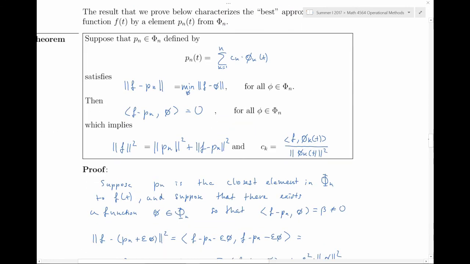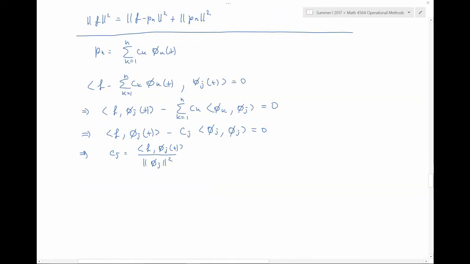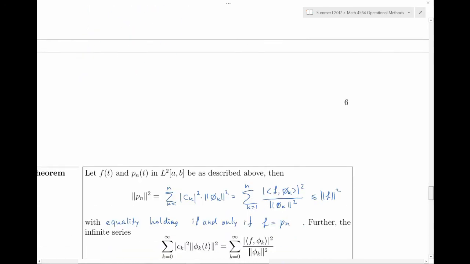And I proved the theorem that the best approximation is given to us by the orthogonal projection. The coefficients for the orthogonal projection are computed by a familiar formula that you may have seen in your linear algebra class when you talked about spaces Rn. The proofs were a bit technical, and the reason I give you the proof is so that you have some idea of how these things might be proven.